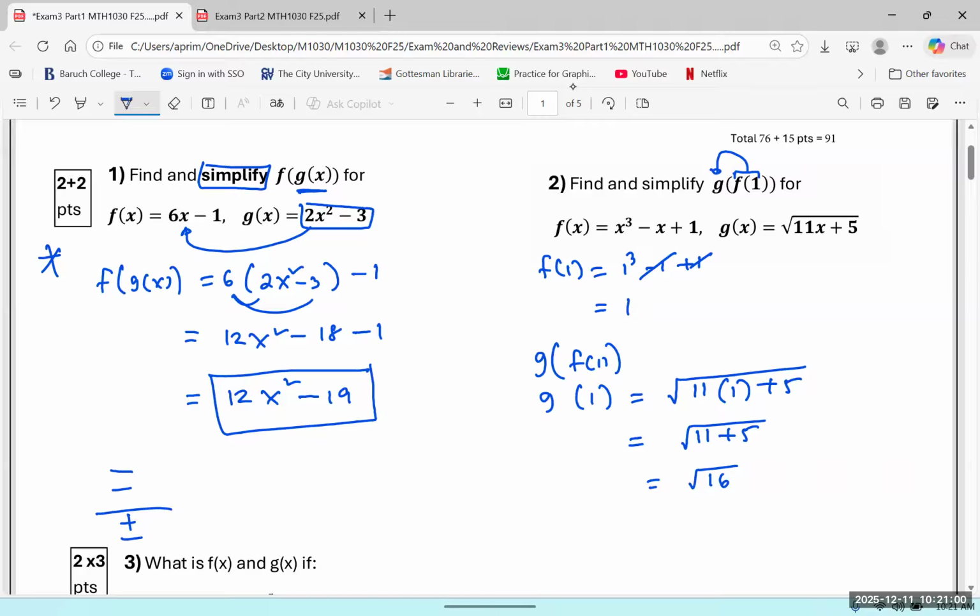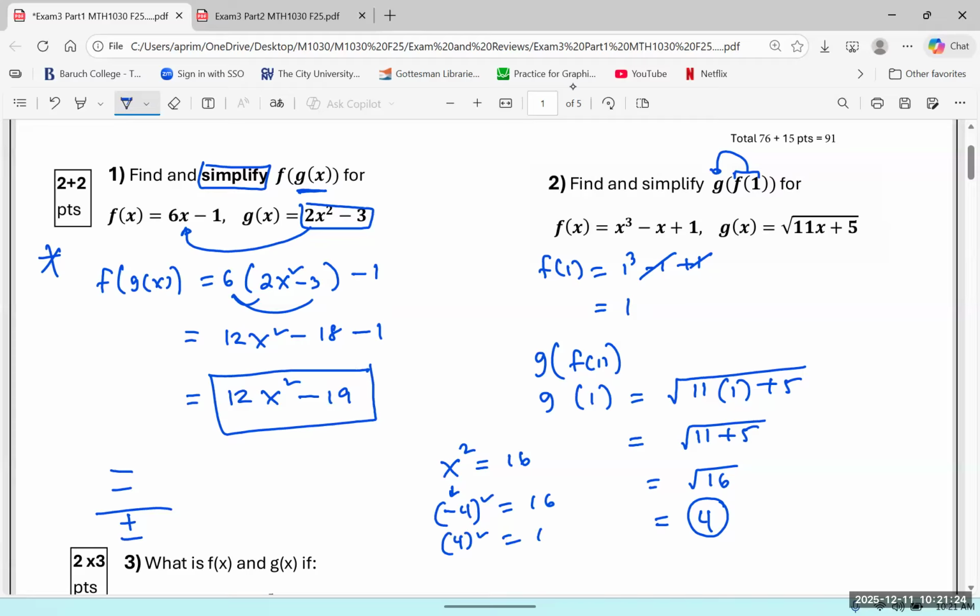And it's only 4, not plus minus 4. The difference between square root of 16 and plus minus 4 is that if you don't know what number squared is 16, then you have two choices. Your x could be negative 4 because negative 4 squared is 16, or your x could be positive 4.